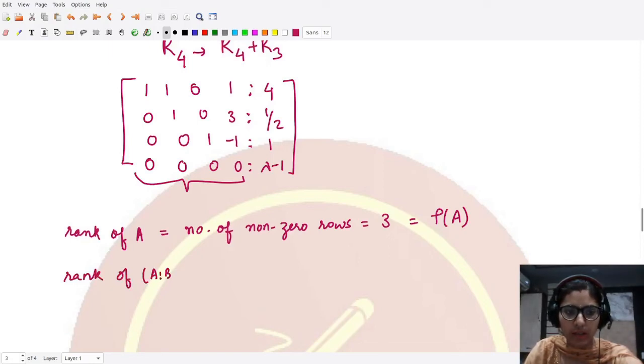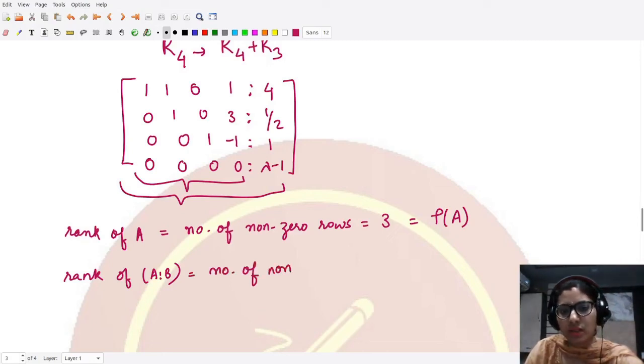So that means now we are talking about this whole matrix, right? So it is the number of non-zero rows. Now it would depend upon the value of lambda.